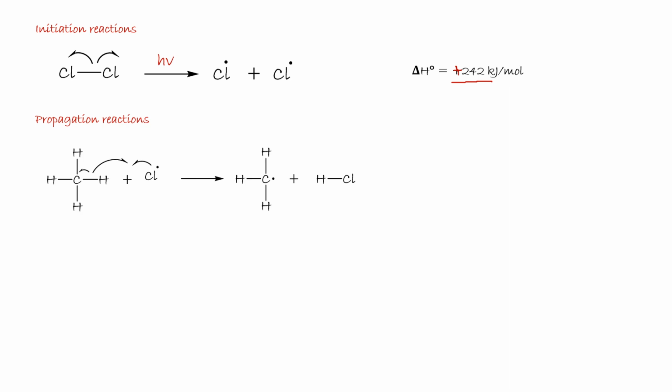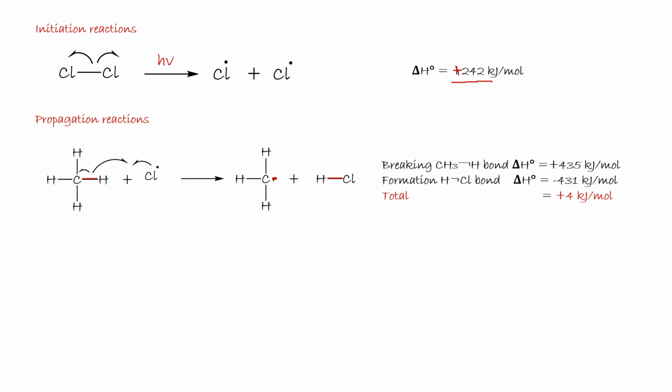Propagation step. Here, carbon-hydrogen homolytic fission, leaving a radical on the carbon, methyl radical, and the formation of HCl. So we break carbon-hydrogen and we form the HCl bond. Breaking carbon-hydrogen in methane equals 435 kilojoule, and again it is endothermic.